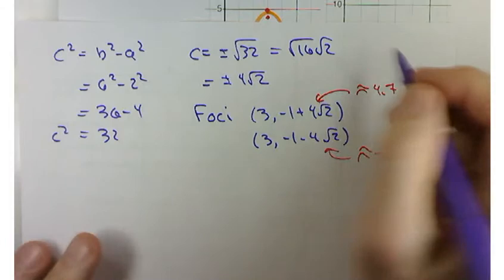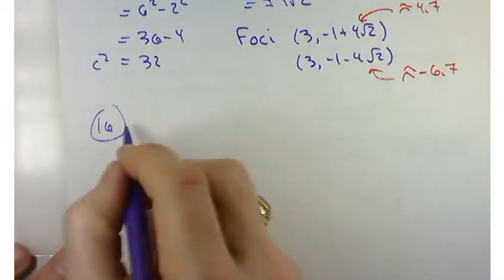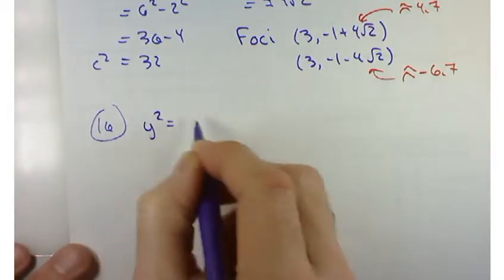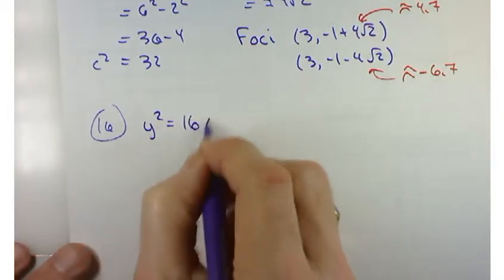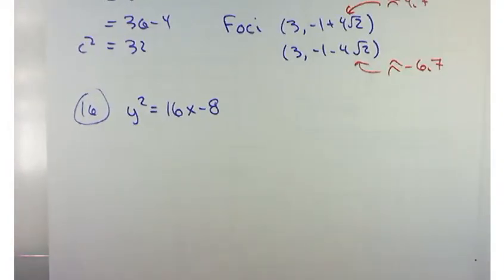Let's try problem number 16. y squared equals 16x minus 8. Now, I kind of go back and forth a little bit on this one. The book does things maybe a little bit different than I do sometimes.